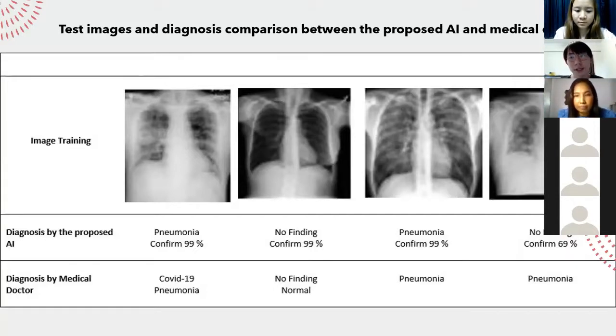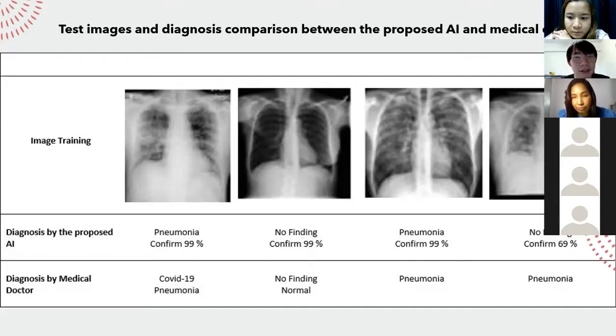The cause of the mismatch between the AI and the doctor's result is that there is some false positive in the AI's processing. For example, the AI said no finding at 58%, and said pneumonia at 42%.